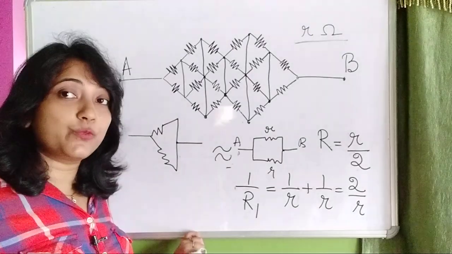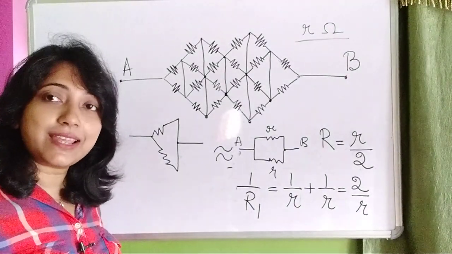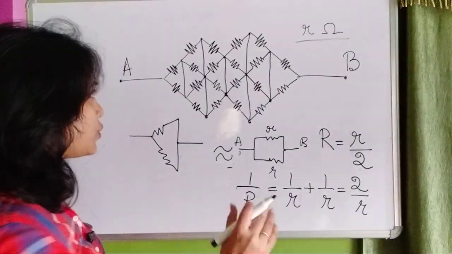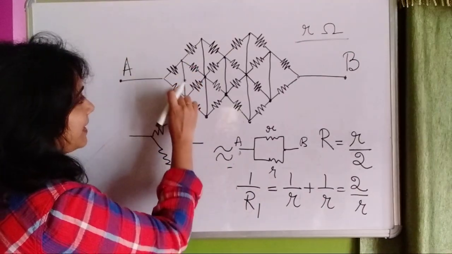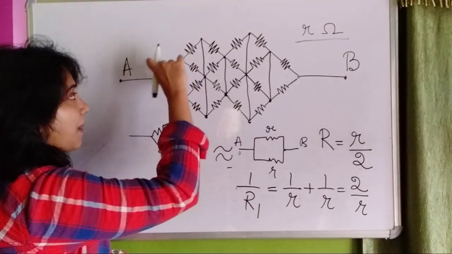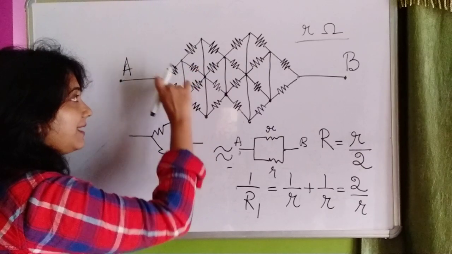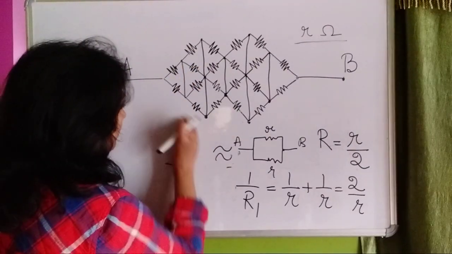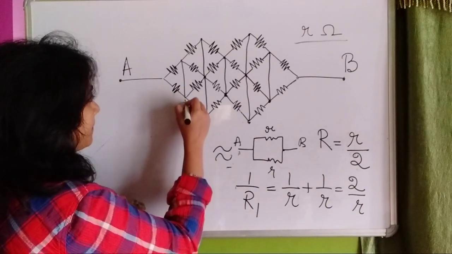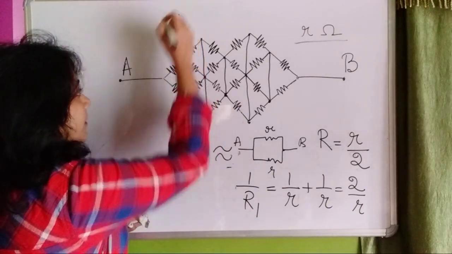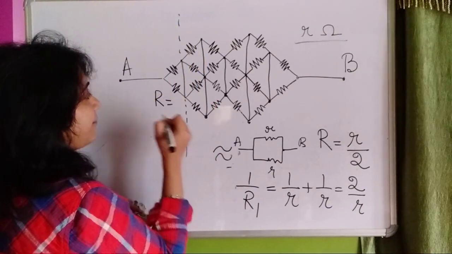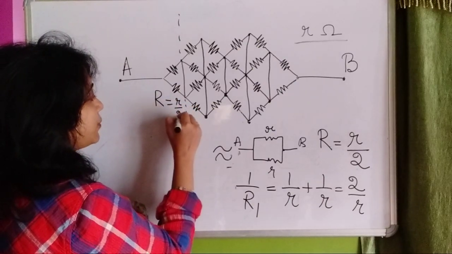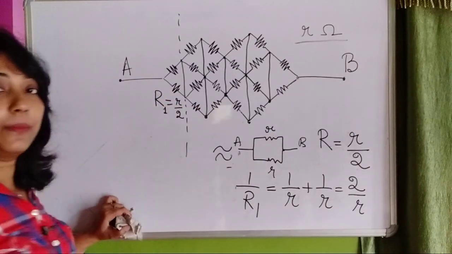Yes, students, I hope all of you have followed what I have just done. So this part of the circuit was R1, and we found that to be R by 2.